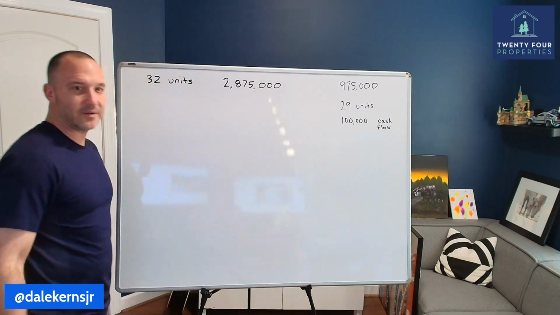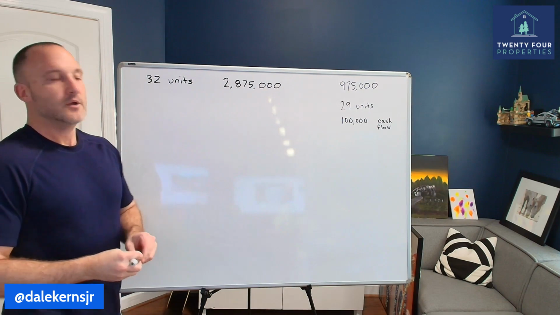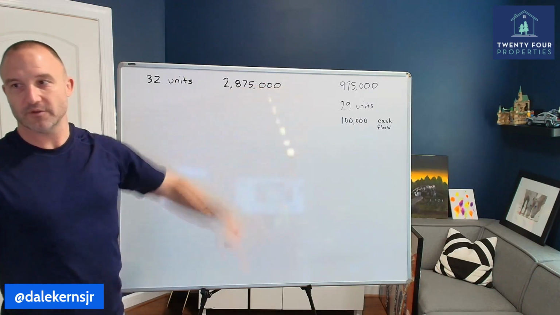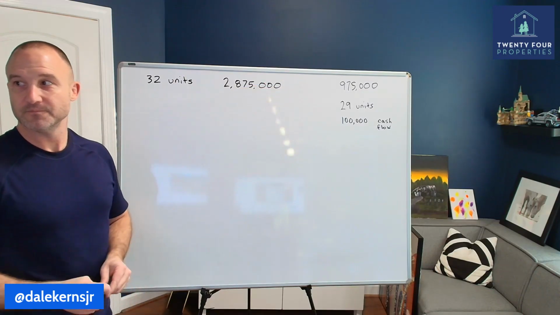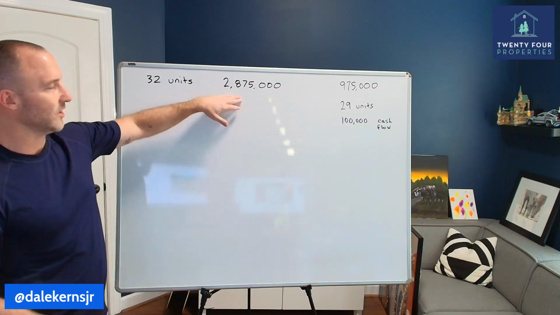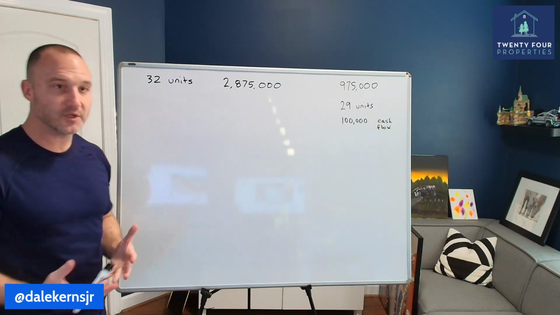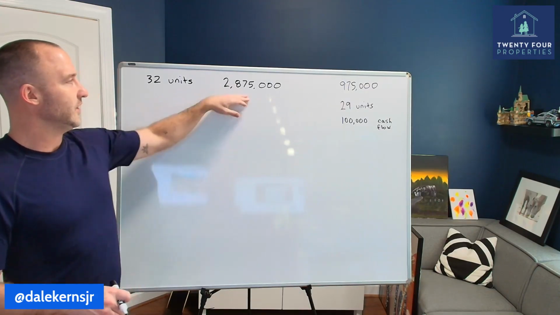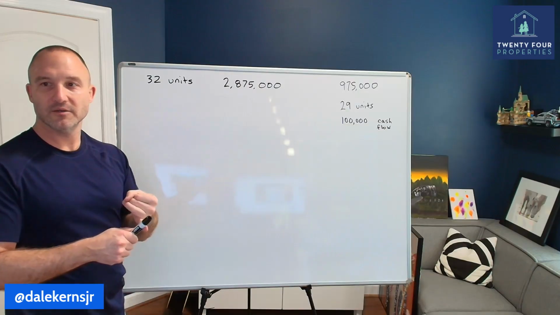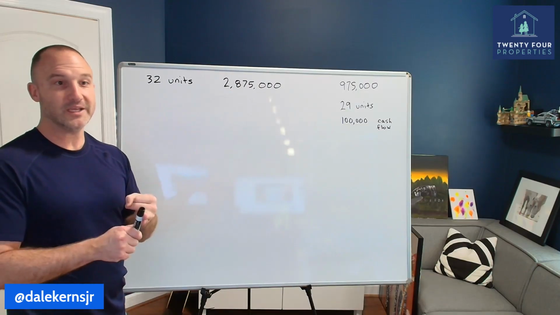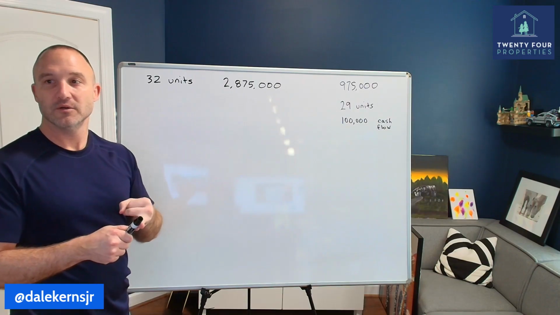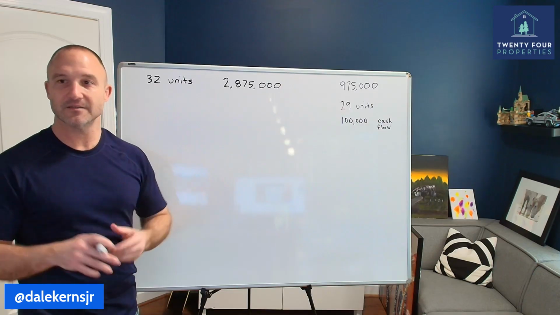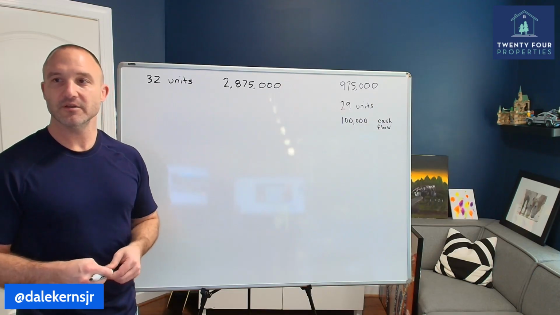So right off the bat, we know that these rents are a lot smaller than what we were dealing with on that last property. If this asking price is this for 32 units, based on that, we know the rents are lower. It's possibly in a lower income area or an area that's not as good.